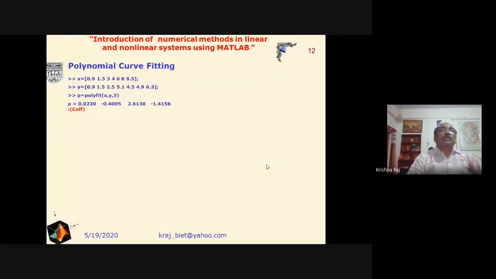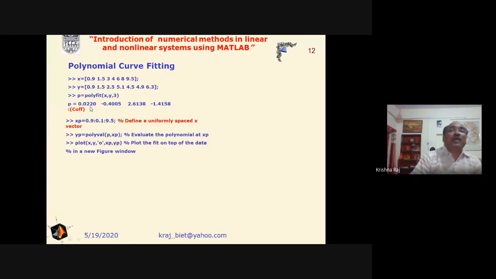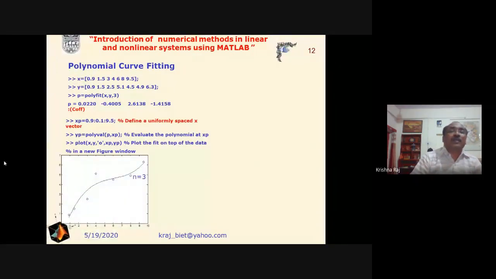Now if the polynomial is given here, that is the x is this one, y is this one, and polyfit x and y having the value of n equal to 3. And now suppose we are using another set of values here. This is for n equal to 3. Here some data are missing. These are the data which have to be fitted here.